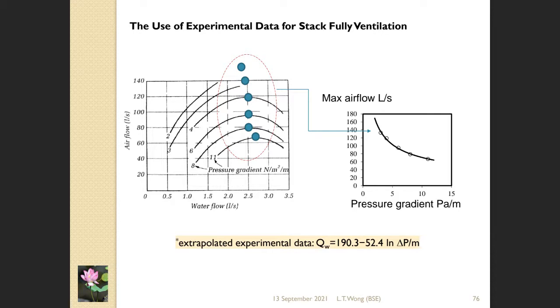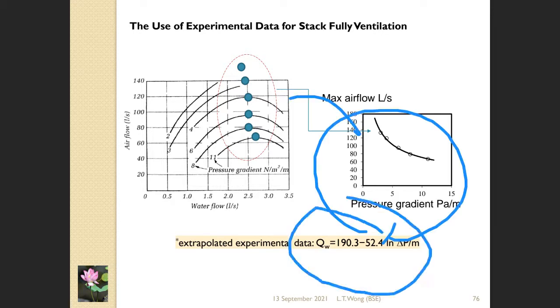I put it into the graph and generate an equation, or you can read it directly from the graph. This is the air flow rate required due to the maximum pressure gradient here.